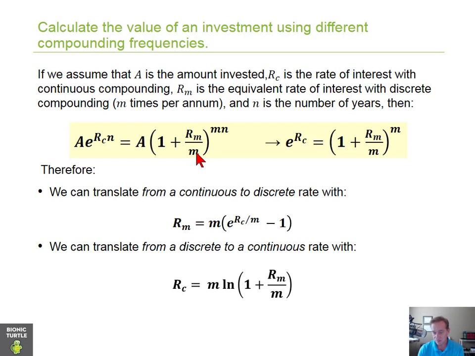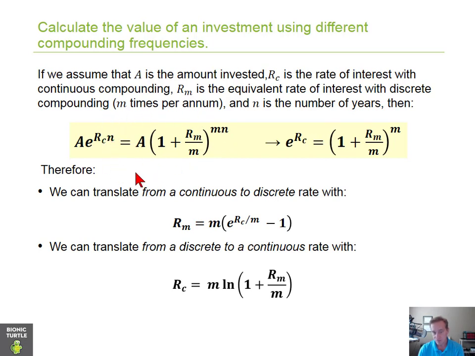M is the number of compound periods per year. So if it's a semi-annual rate, M equals 2. If it's a quarterly rate, M equals 4. And so here we have the same N again, it's the number of years. But if we're going to use a semi-annual rate, we need to divide that per annum rate by 2 and then multiply the number of years by 2 so we have twice as many compound periods.